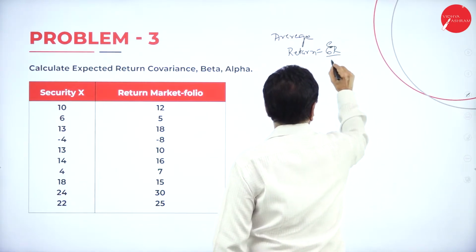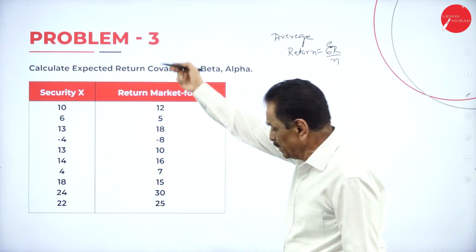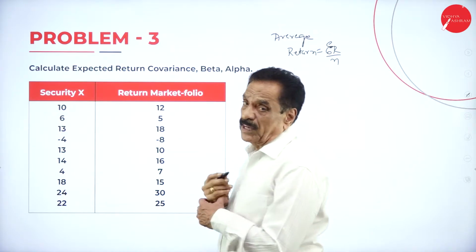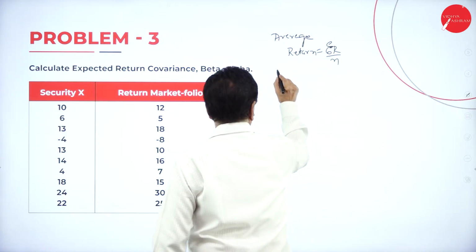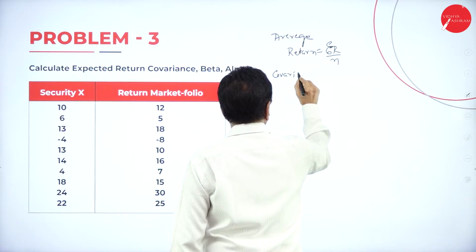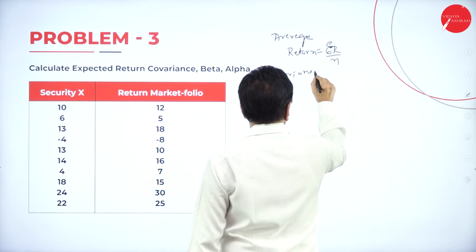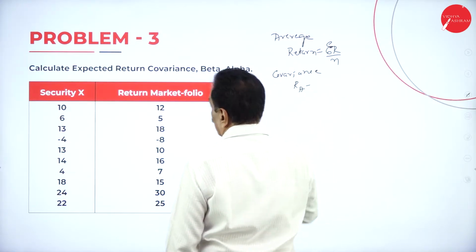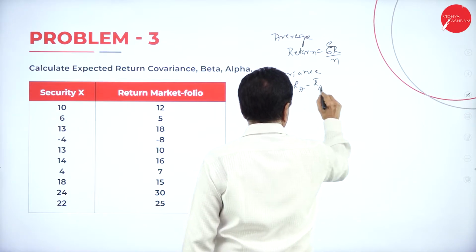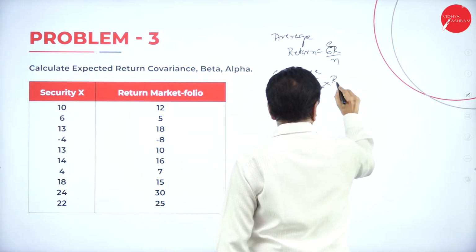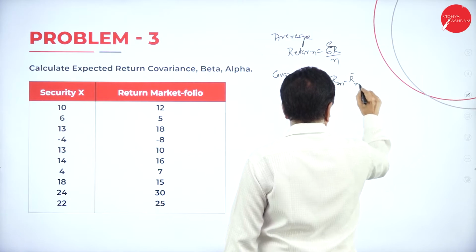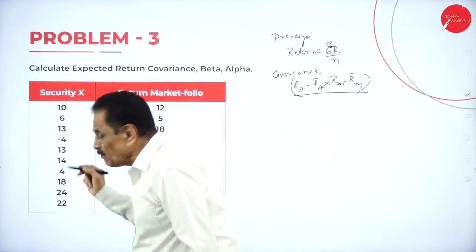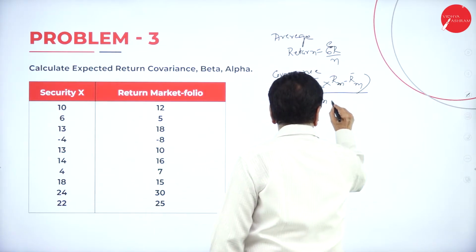Sigma return divided by number of items. Then what is covariance? Here covariance is R A, stock A, minus R mean A, into R M minus R mean M, whole divided by, if the items are more than 5, you can take n minus 1.